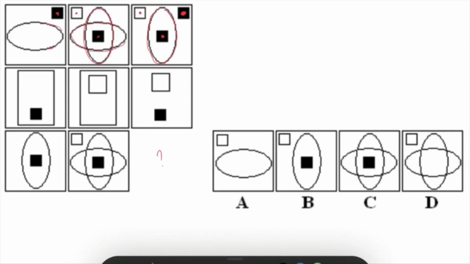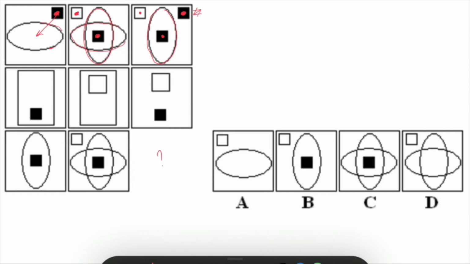Let's give it another look. We have the black one here. It moved to the center, and a white box appeared here. Can we find this in the third one?